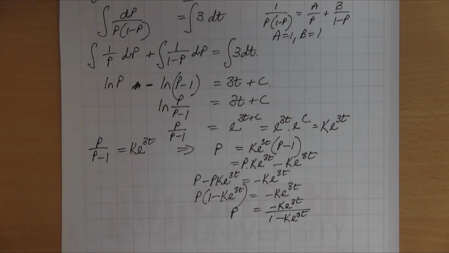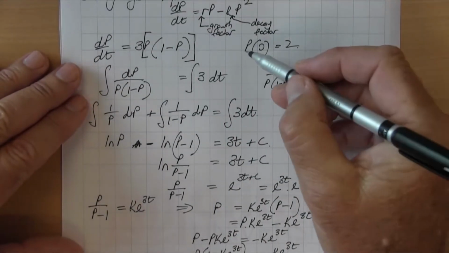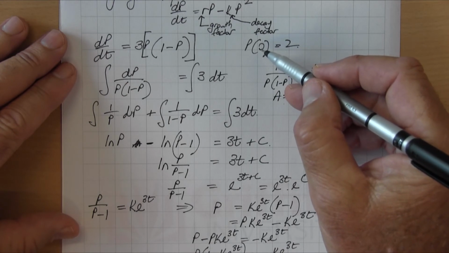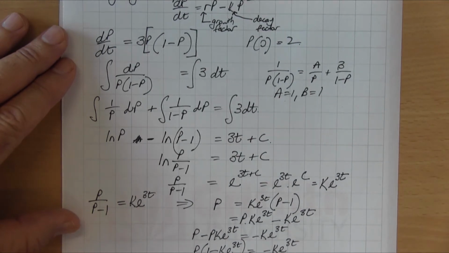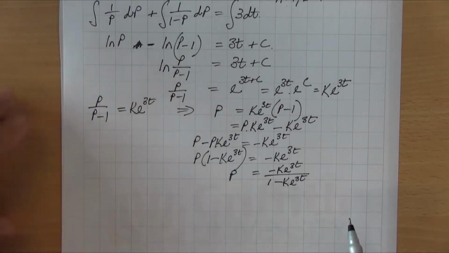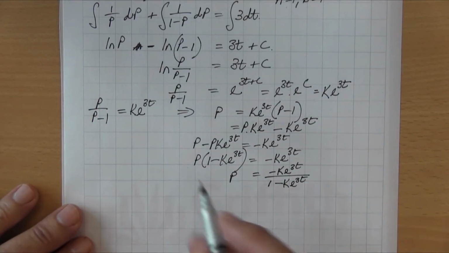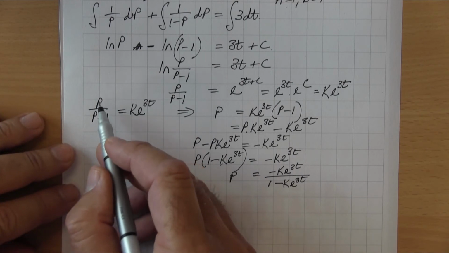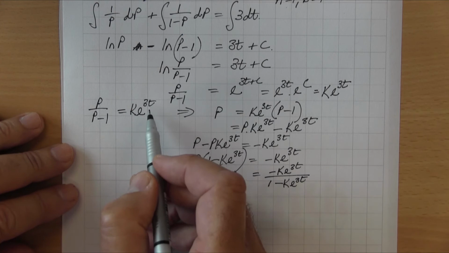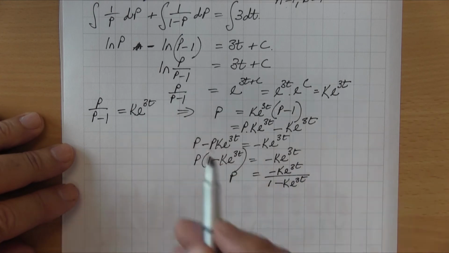Now, we are given some information right at the start: when t is equal to 0, P is equal to 2. That will allow us to work out a value for K. If we go back up and look here, I know I can put t equals 0 there.